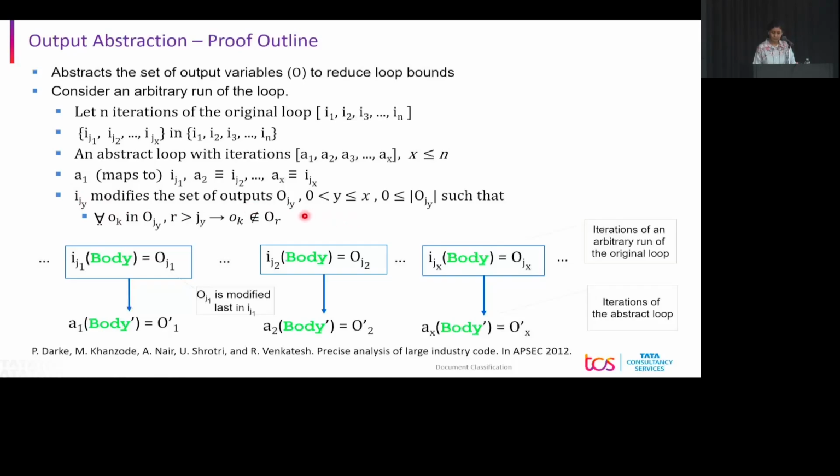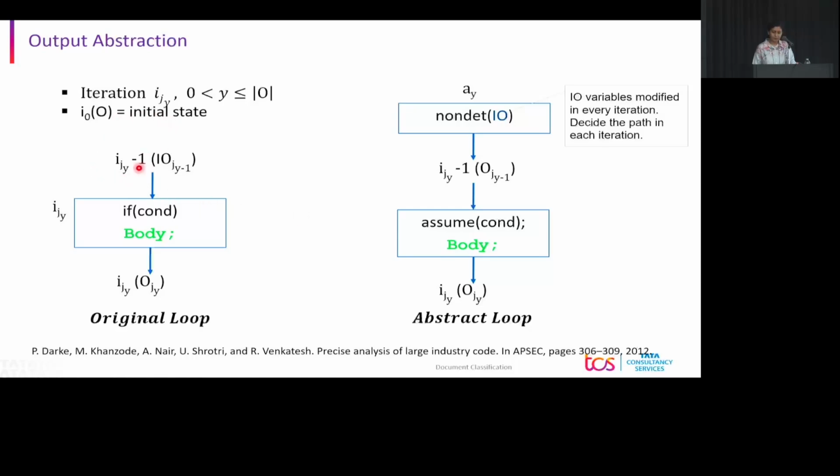So let's see here. Now there is one iteration, ij, of the original loop in which we read a set of values IO at j minus 1. So there is some iteration j of the original loop which got as input the variables IO at j minus 1, right?